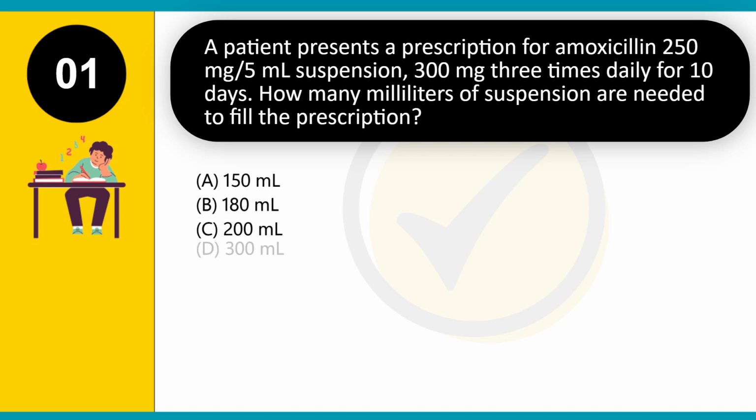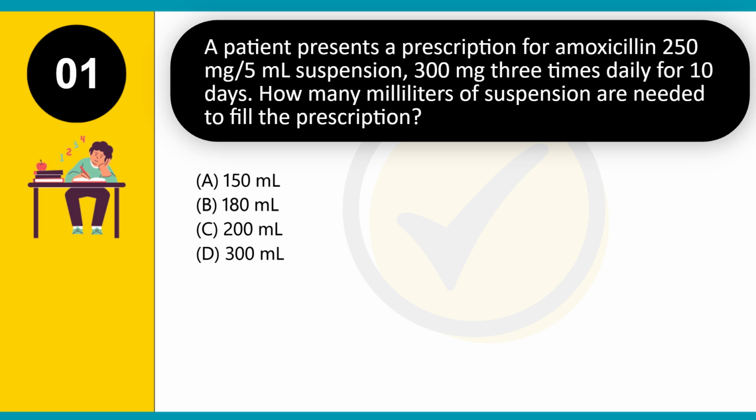A patient presents a prescription for amoxicillin 250 mg per 5 ml suspension, 300 mg 3 times daily for 10 days. How many milliliters of suspension are needed to fill the prescription? A. 150 milliliters. B. 180 milliliters. C. 200 milliliters.